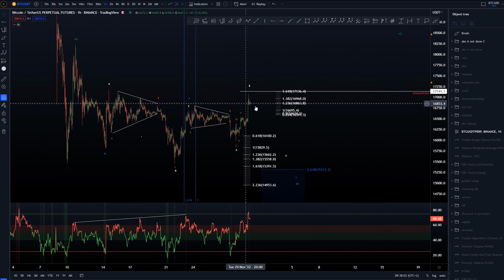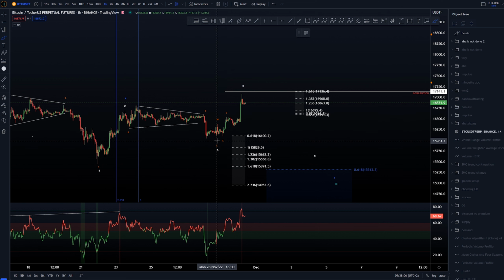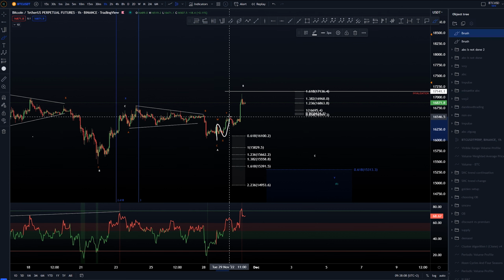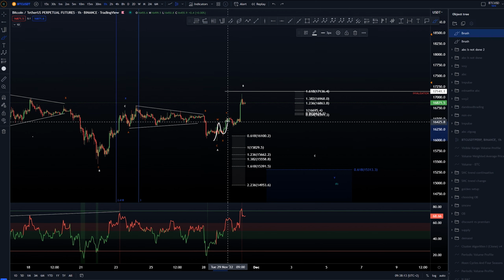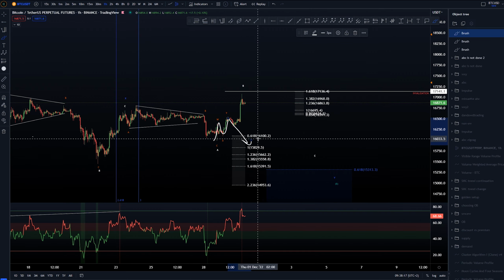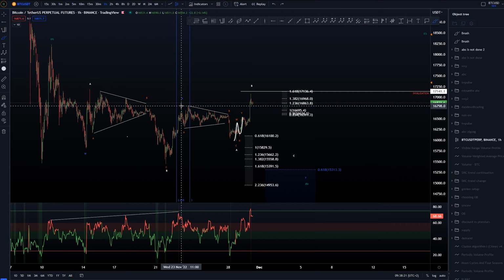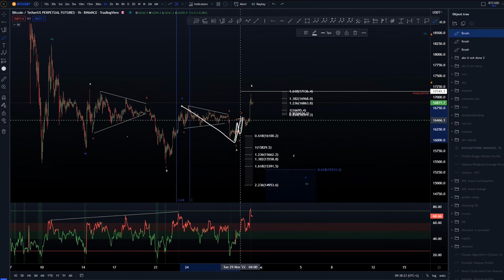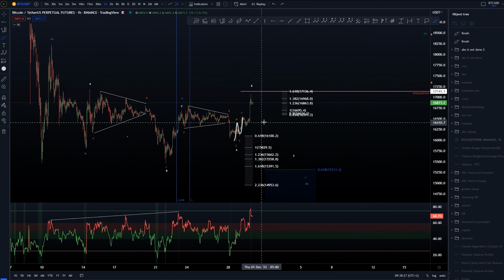I don't think this is any more good. The only reason why we were looking at this was the one-to-one extension here for this potential ABC structure, and then we were looking for larger downwards movement, where we would be looking for this as a WX and then Y, having a partner leg basically for this structure over here, but that did not play out.